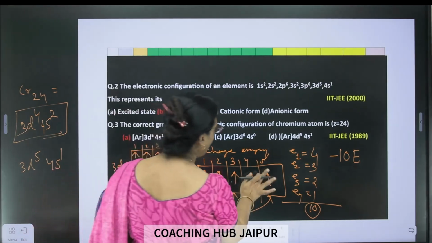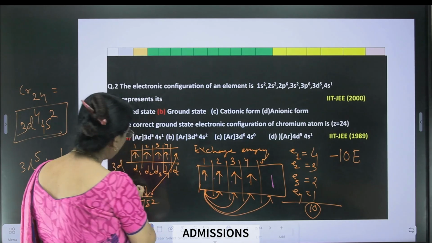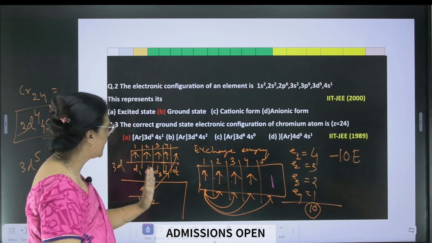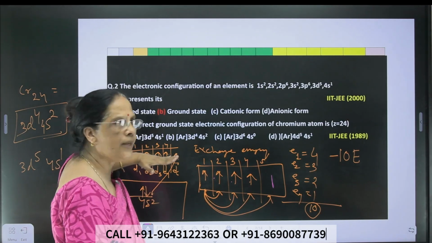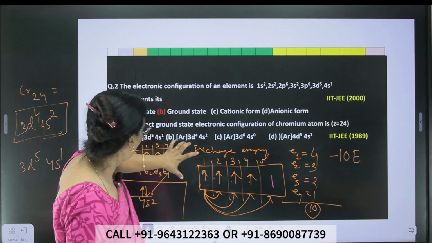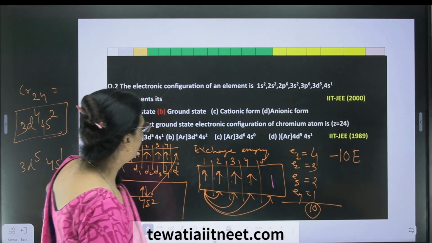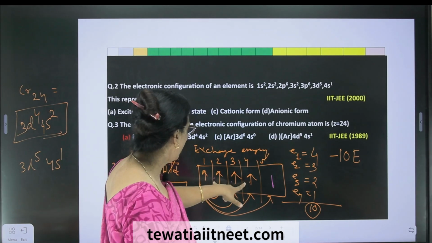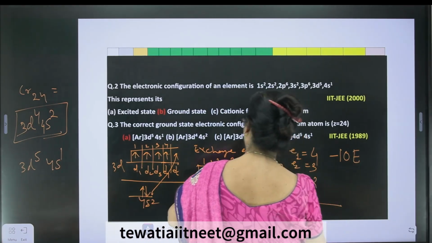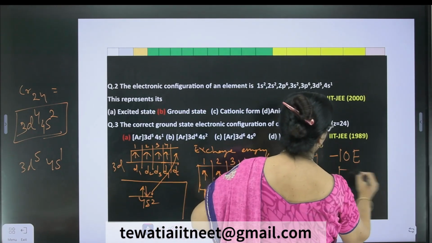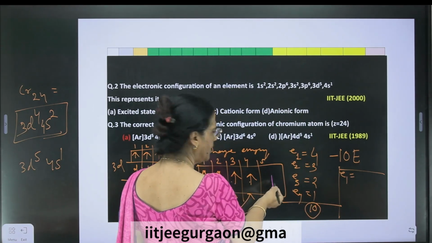Now, for d4 and 4s2, exchange of electrons takes place only in the degenerate set. This unpaired electron cannot be exchanged with this; only degenerate energy orbitals can exchange electrons. Now, for 4 electrons, E1 can exchange with 3 only, because there is no other option.